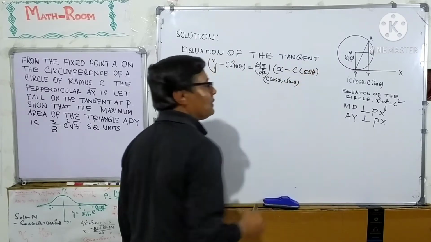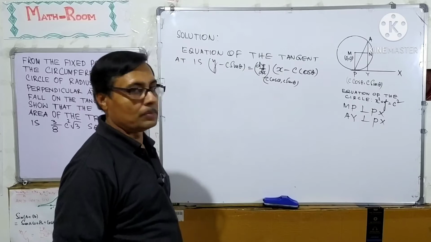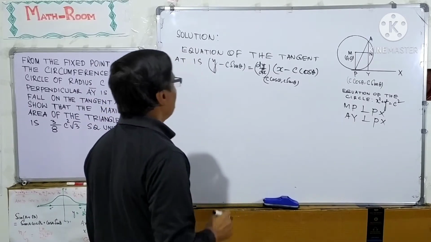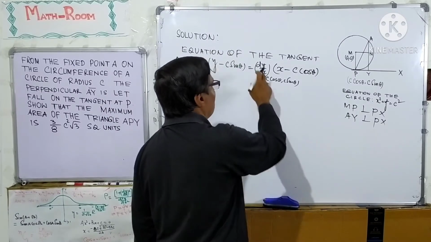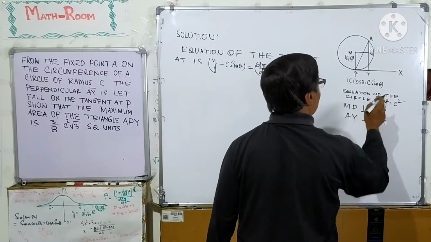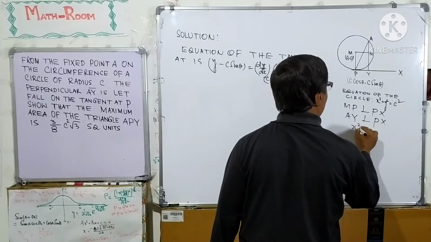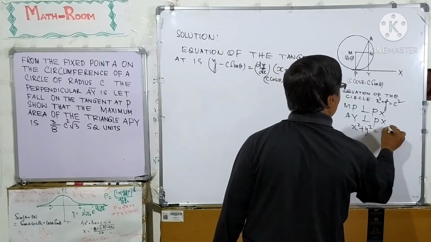This is the general equation of a tangent to any curve. Here we can also calculate dy/dx from this curve, that is x square plus y square equal to c square.